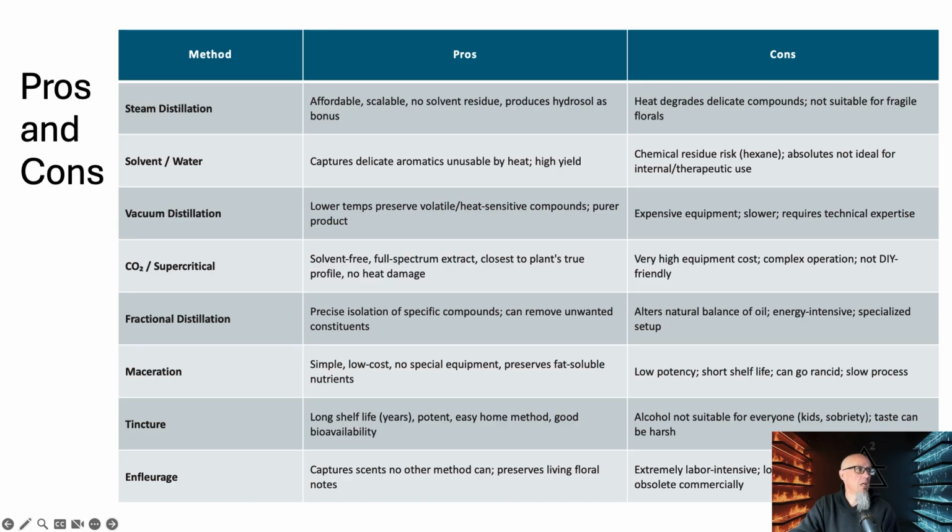Okay. Then you get into the maceration and the tincture and the enfleurage for very, very delicate things. So I'll leave this on the screen here for a minute. If you guys want to take a screenshot or whatever, that way you have it.